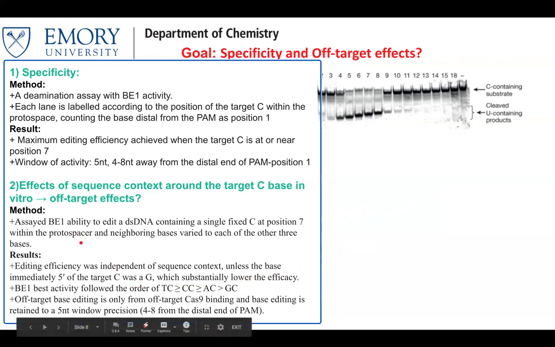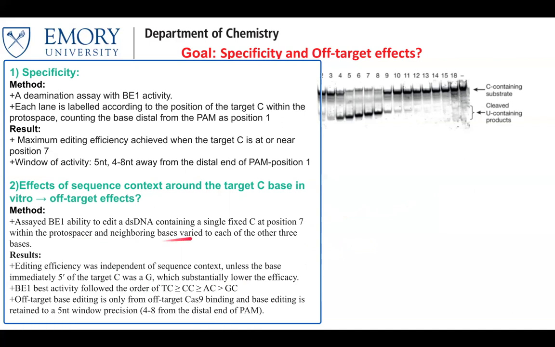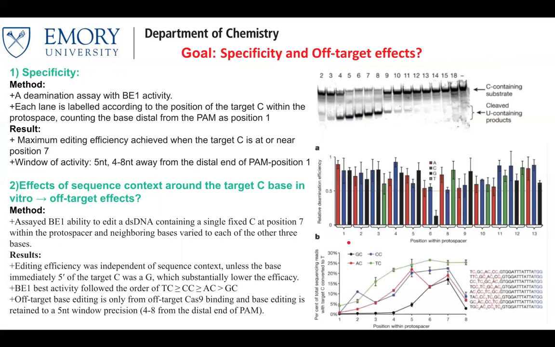So they assayed BE1's ability to edit one single C at position 7, and then swapped the neighboring bases with A, G, and T, respectively. As you can see here, editing efficiency was independent of the sequence context unless the base immediately 5' to position 7 was a G, which would substantially lower the efficacy.